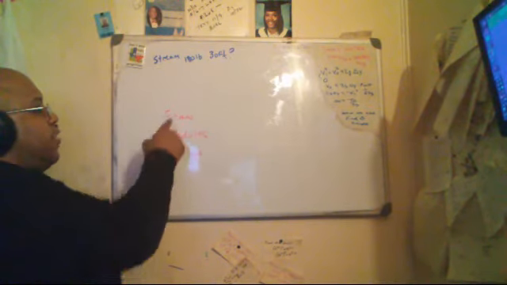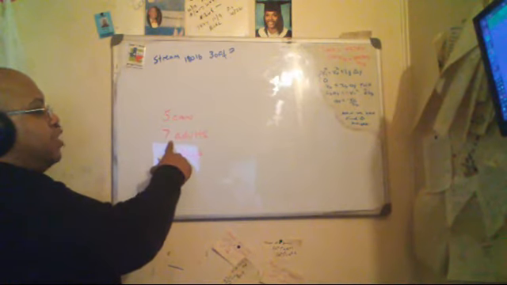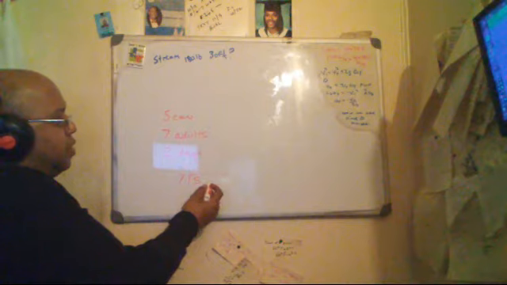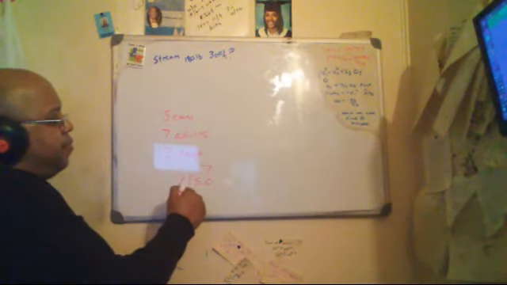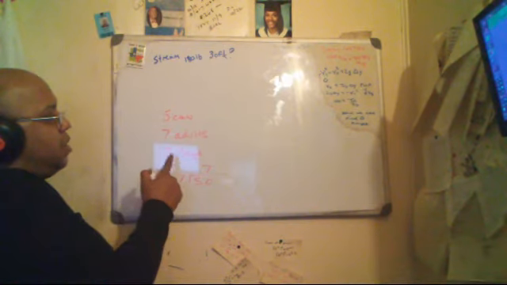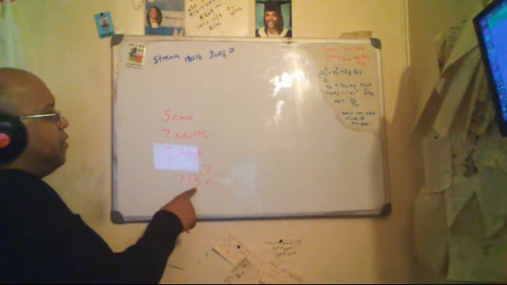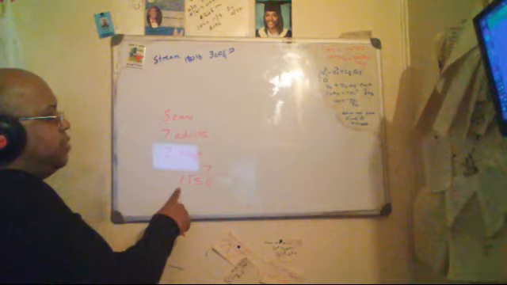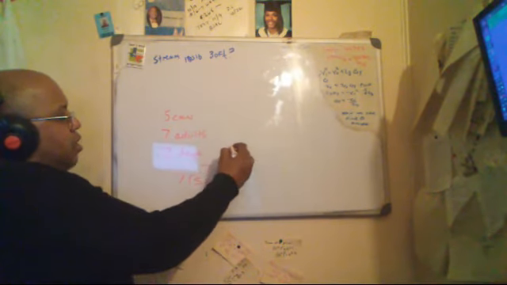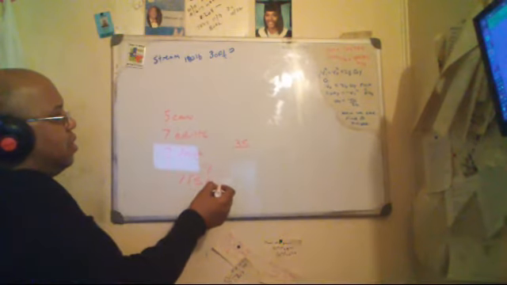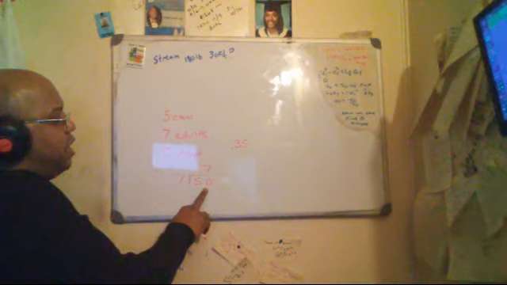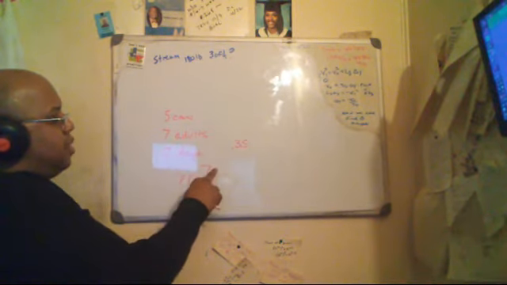All right, so 5 cans are going to be divided among 7 people in a 2-day period. 5 divided into 7, that's 0.7 for 2 days. 7 adults will consume 0.7.